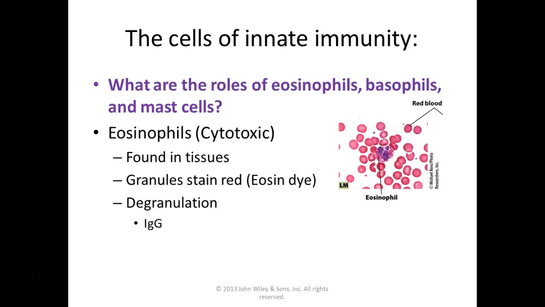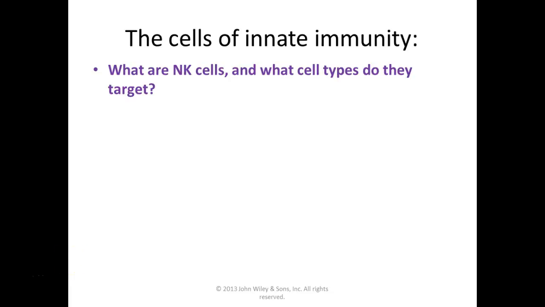And when something that those antibodies recognize binds to it, the eosinophils will degranulate as well. And again, these contain toxic substances, but a little bit different than the basophils, hence why they stain differently, right? These don't contain histamine. They actually contain antihistamine. So that's it for our eosinophils, basophils, and mast cells.